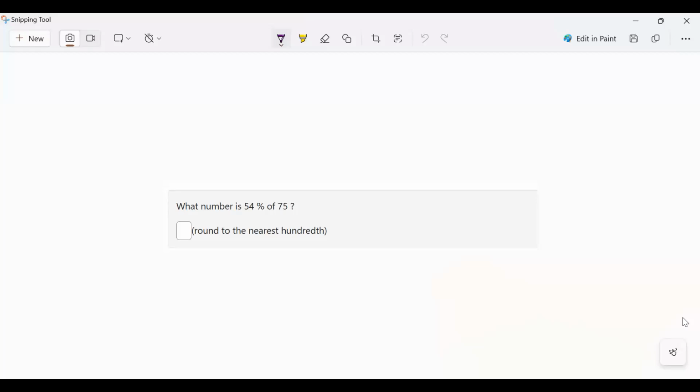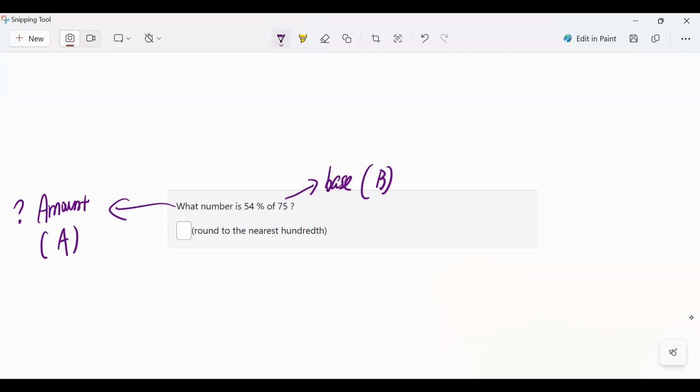So the number on the right hand side of the of is called a base. Okay, and then we can use B to represent a base. And this one number here is what we call the amount. And that's the question mark, right? We're looking for that. And then we use letter A to represent the amount.